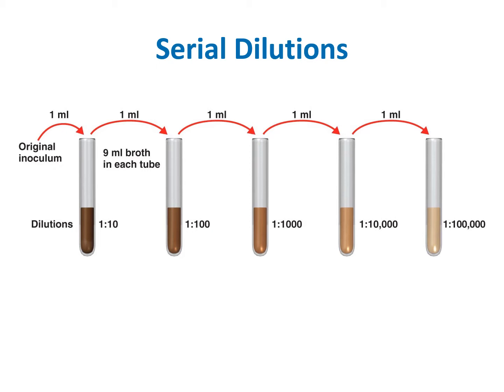Here is a serial dilution experiment. We're going to start out with 5 test tubes that all have 9 milliliters of culture medium in them. So here's our first test tube. To that test tube, we're going to add 1 milliliter of inoculum from our culture.